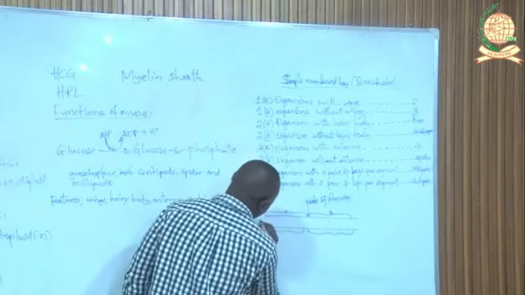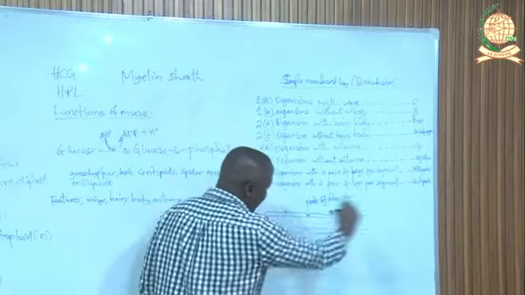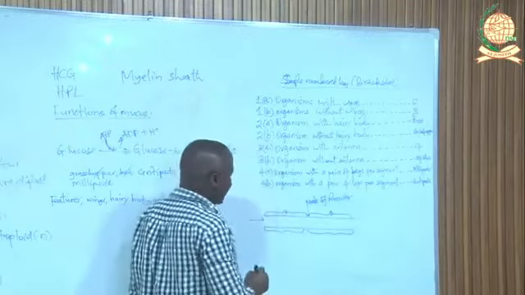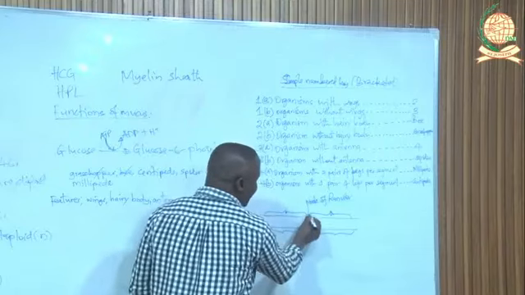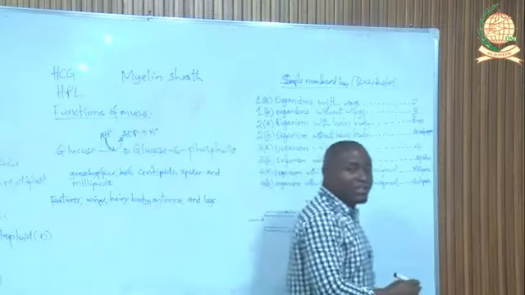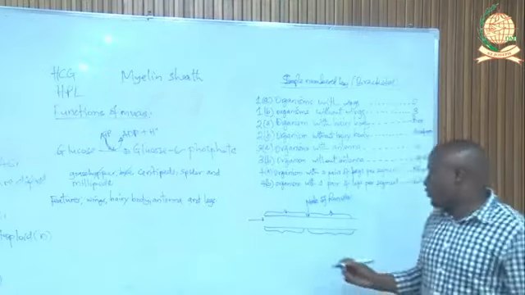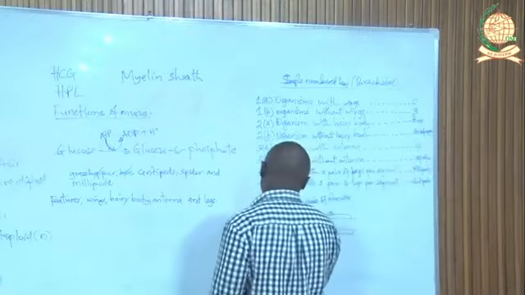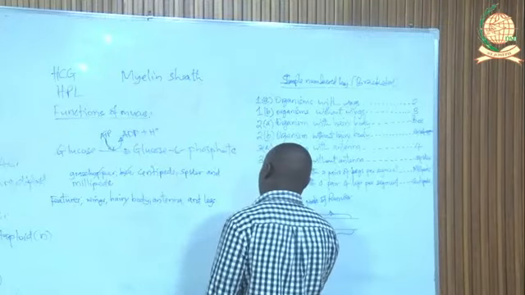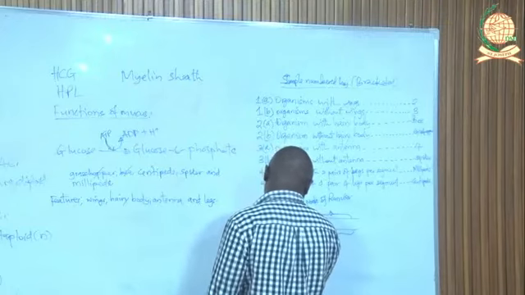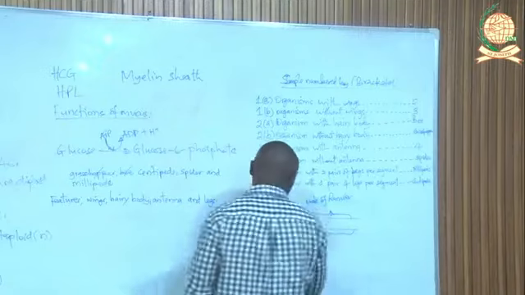Suppose that this nerve impulse is being propagated in this direction. If this region is where there is a nerve impulse, then this portion here becomes permeable to sodium.